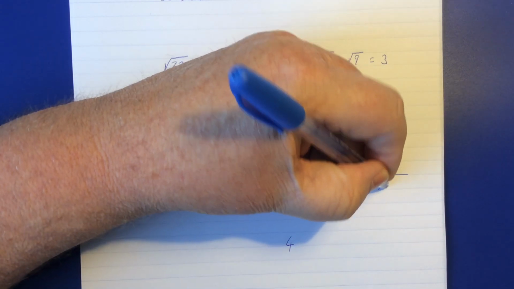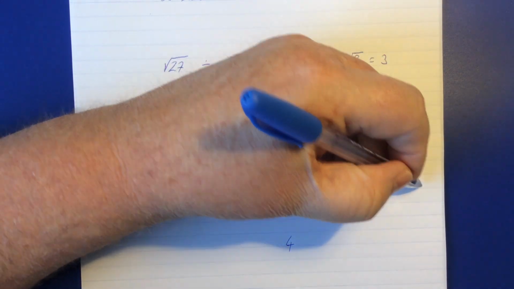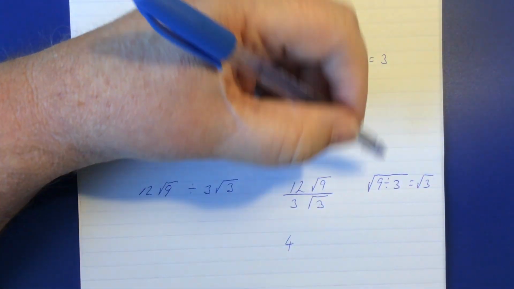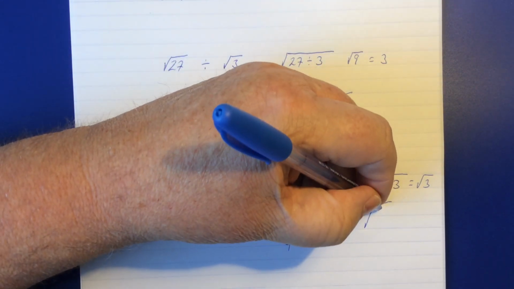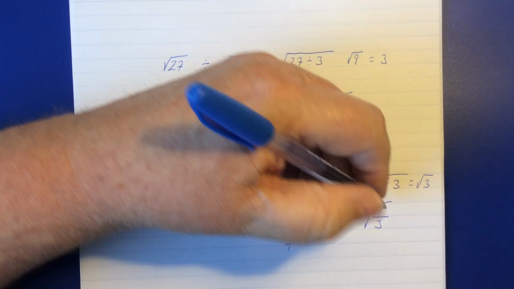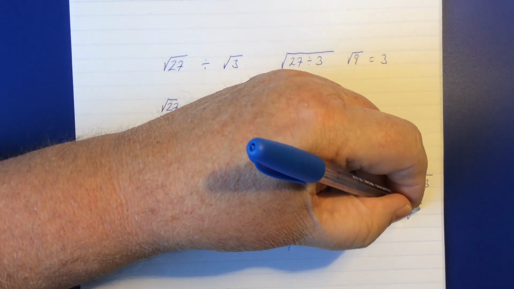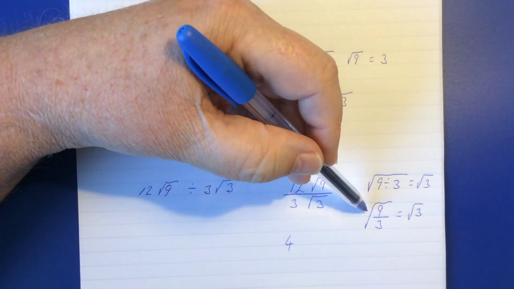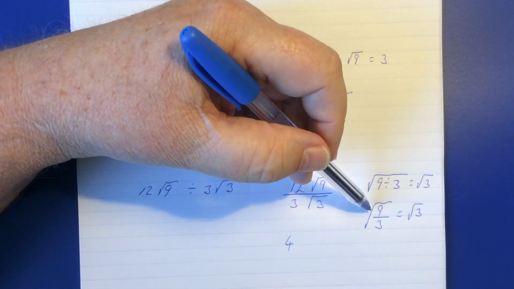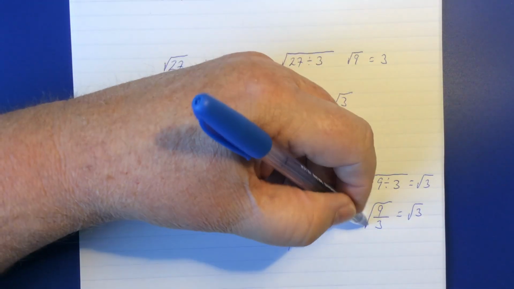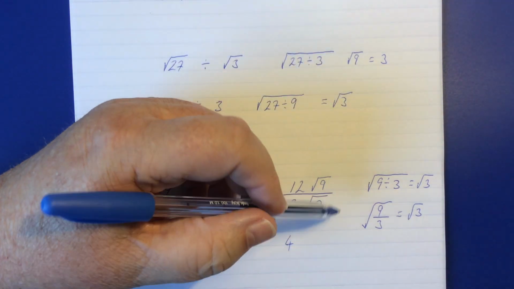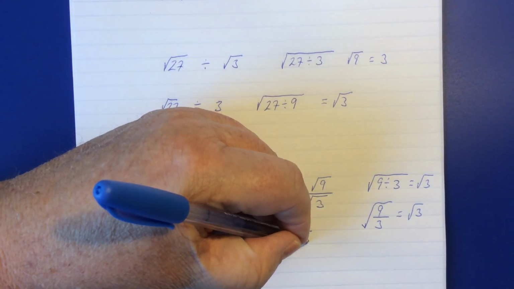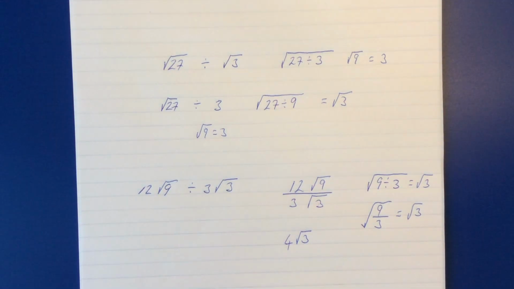So root 9 divided by root 3 is equal to root 3. I hope that's pretty straightforward. We can also write it like this, and that is also equal to that. So if you've dealt with things like completing the square and so forth, you will have seen these square-rooted fractions. Anyway, the answer is 4 root 3, and that's the division of surds pretty much.